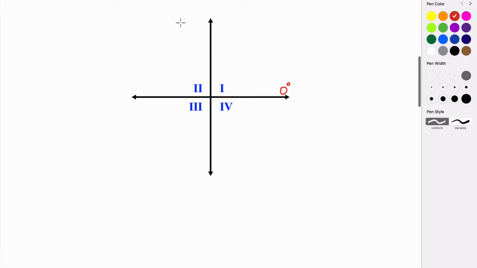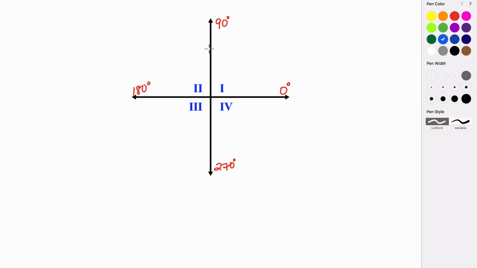If a terminal side lies on the positive y-axis, that's a 90-degree angle. A straight angle is 180 degrees. Adding 90 to 180 puts us at 270 degrees. And again, if we have our full rotation, we're back to 360 degrees.